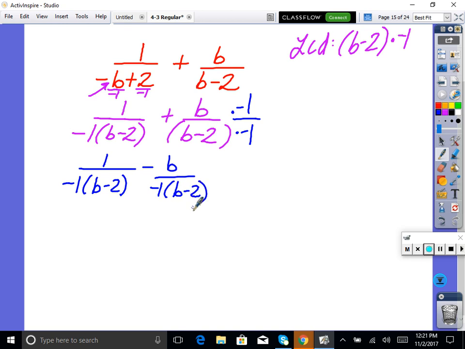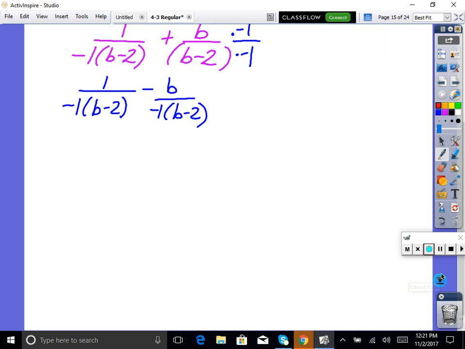Now the whole point of doing this was to combine the numerator. Wouldn't it be wise to write it in standard form? Okay, let's do it. Negative b plus 1. Does everybody see why I got that? And then on bottom I have negative 1 and b minus 2.